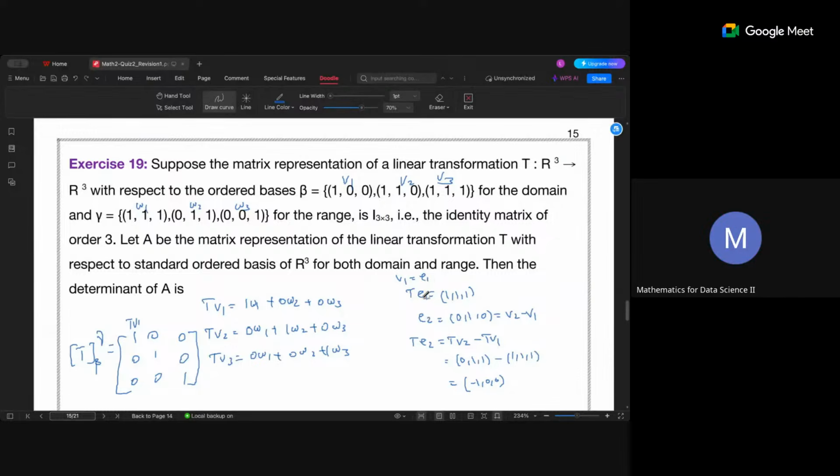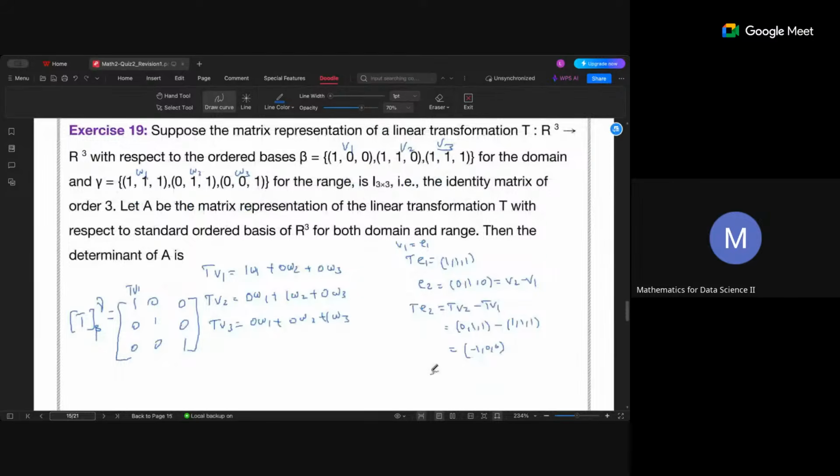Okay. Now you see that E2, which is 0, 1, 0, is nothing but V2 minus V1. So you apply the transformation and you get that TE2 is minus 1, 0, 0. Okay. Is this fine? And what is TE3? How to find E3 first of all? Can you quickly say? How do you write E3 as a linear combination of V1, V2, V3? Yes, Bhumi?